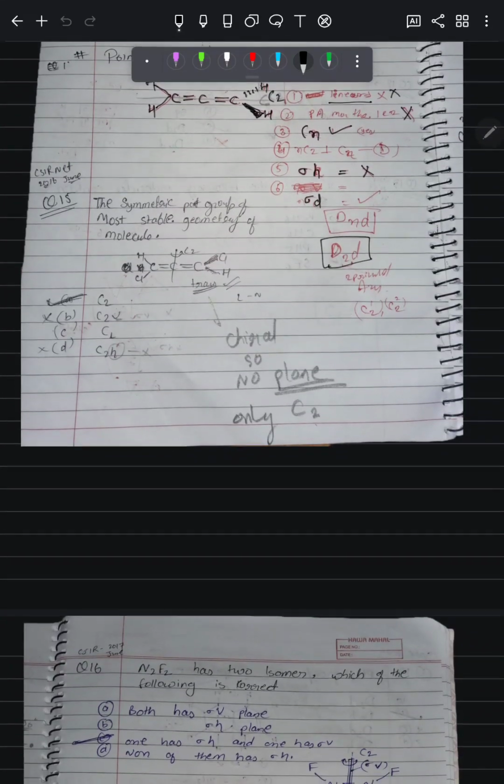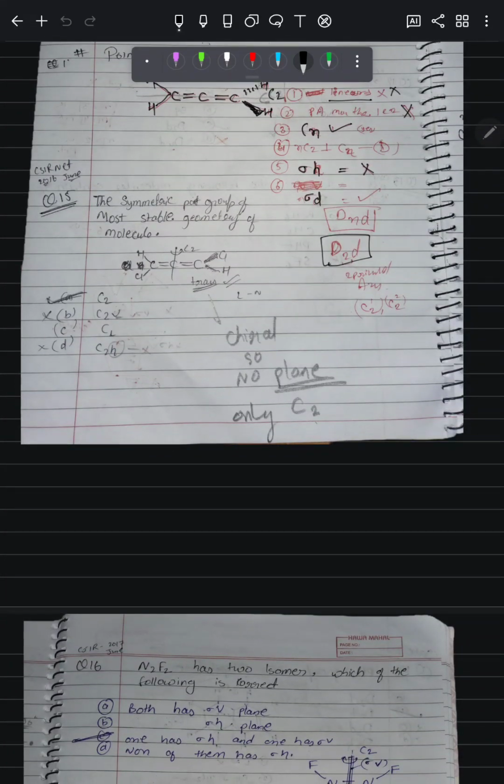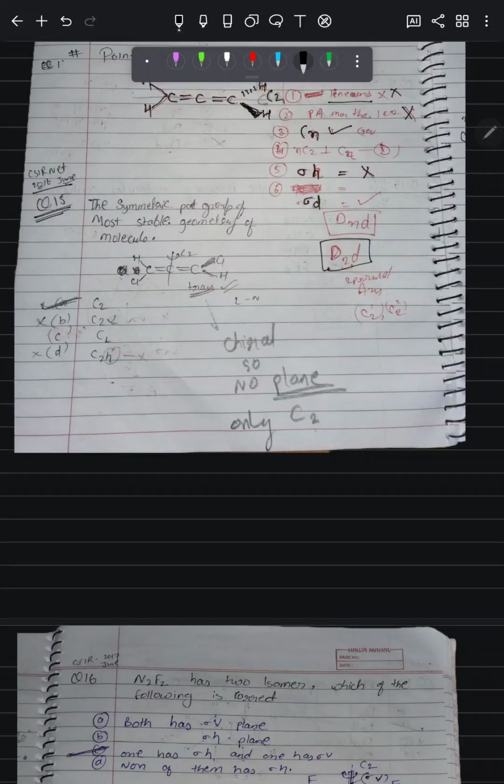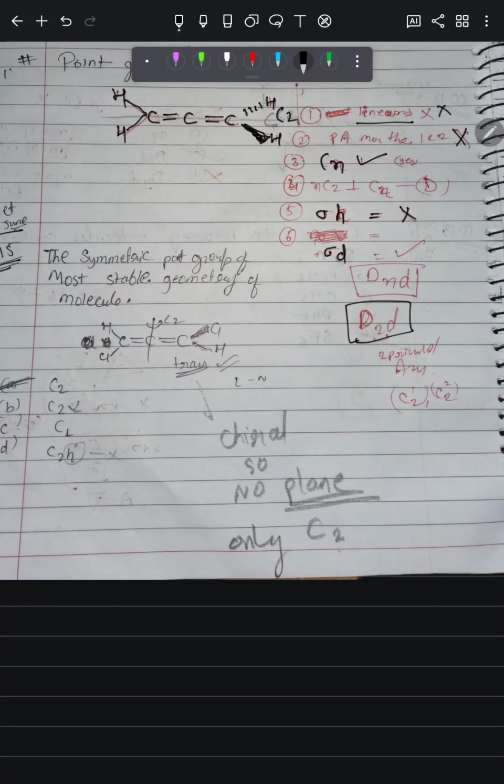So this is also an important question asked in 2016 June CSIR NET. The question is the point group of the most stable geometry of this molecule. This molecule has one hydrogen here, a carbon and a chlorine, and on this carbon chlorine is above the plane and hydrogen below the plane.